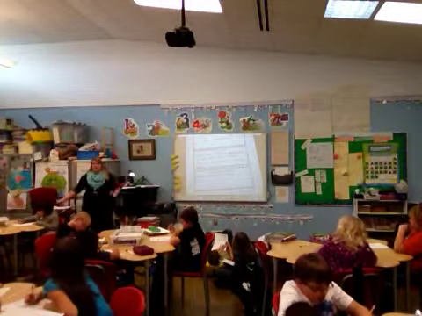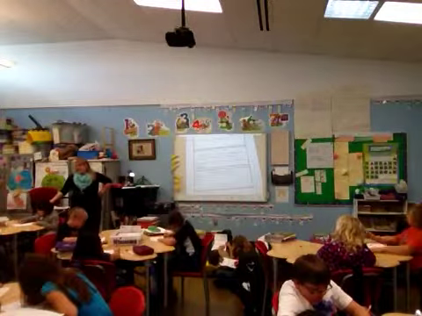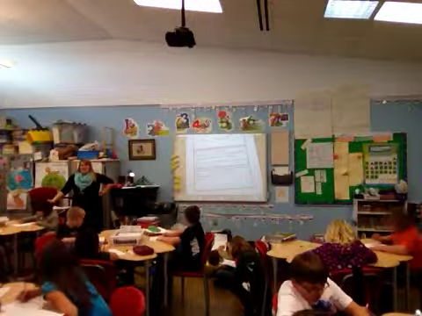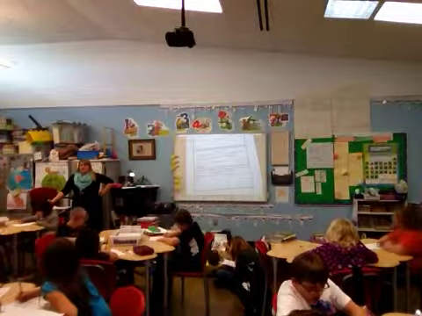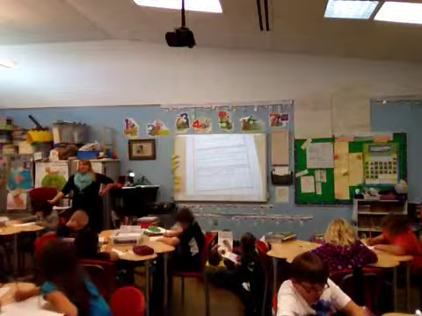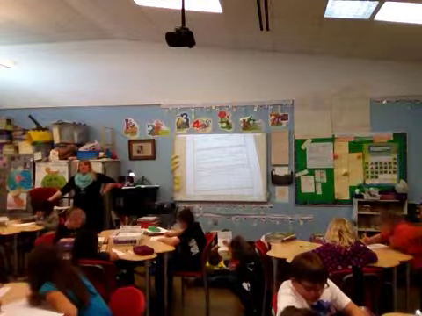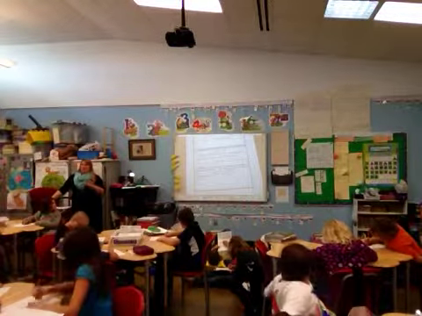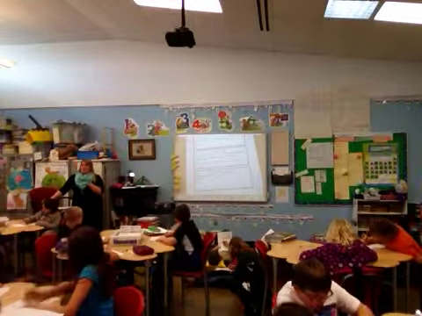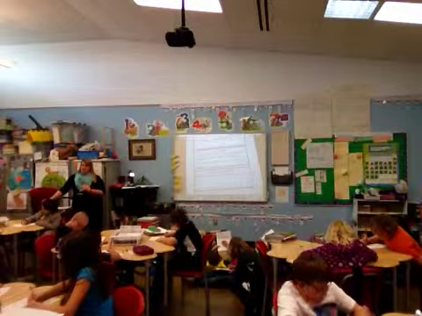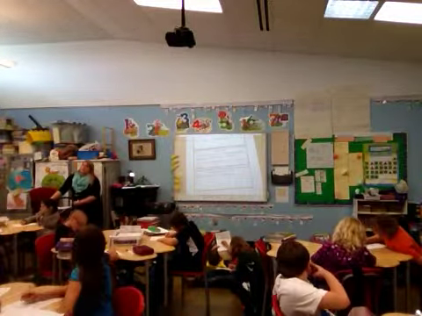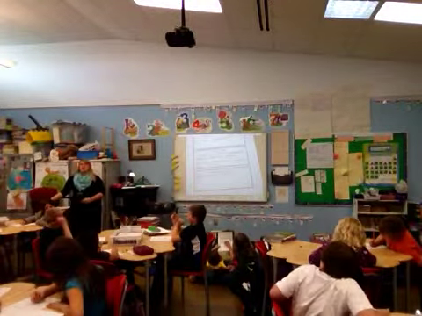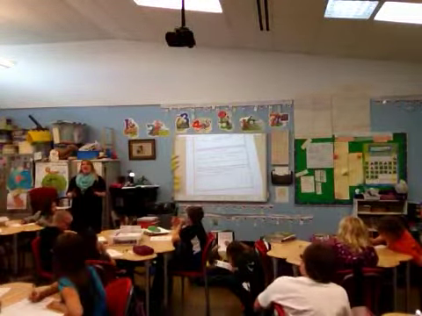Okay, what else is different? Remember what culture is too. We made the list on the board, all the different things that we said culture was. Katie? They do live in different places. But remember part of the story she told us how they came?